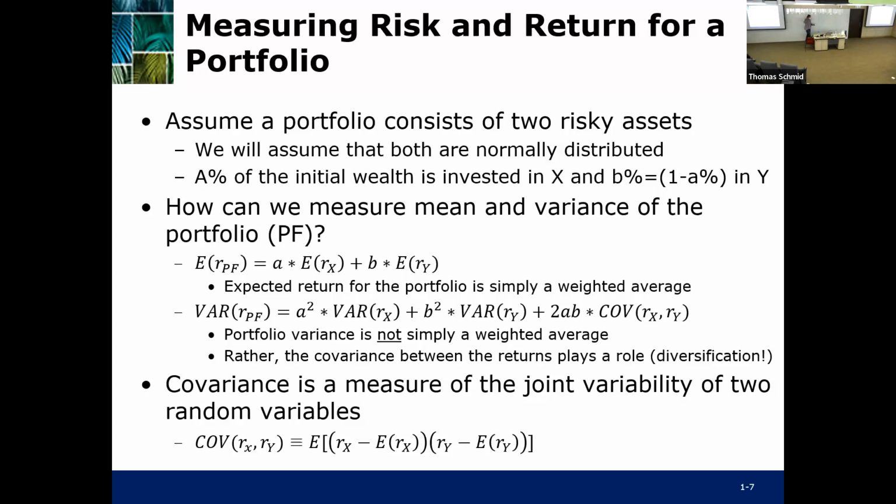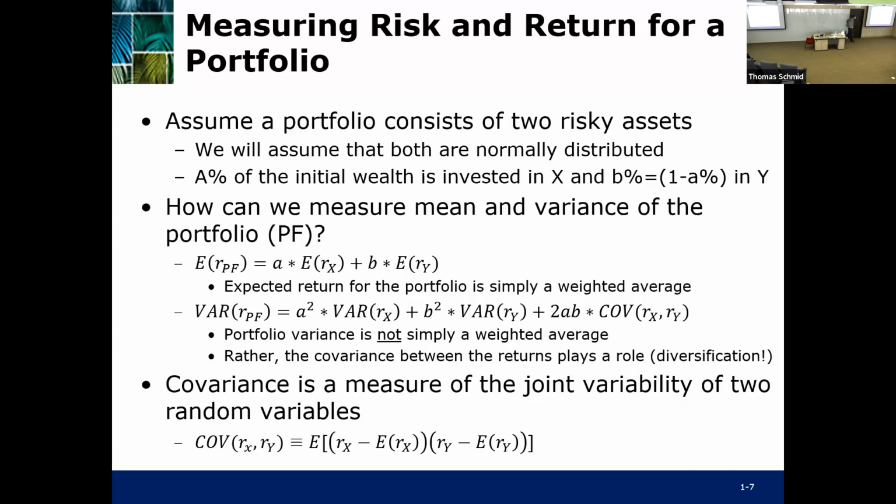And this example, as stupid as it is, shows a very important thing. If you only operate the ice cream store, or if you only operate the umbrella store, both are by themselves quite risky. But if you combine them, the risk actually goes down. It's not additive. And this is the so-called diversification effect.